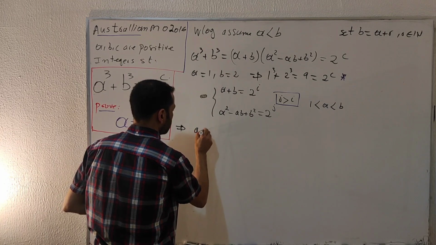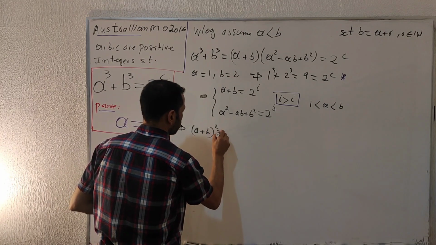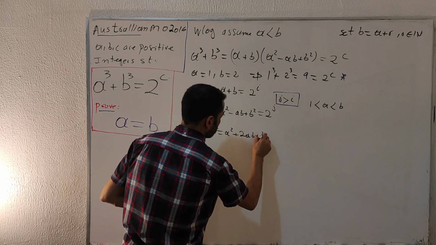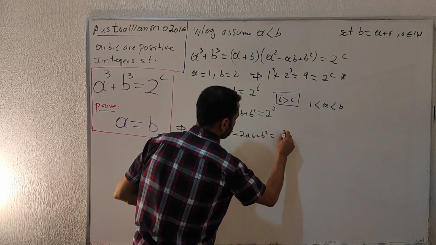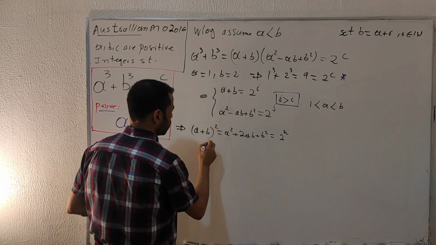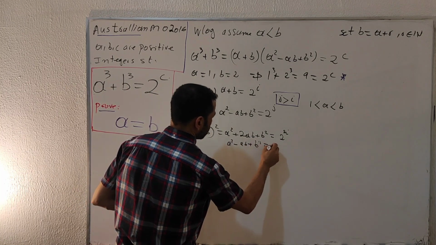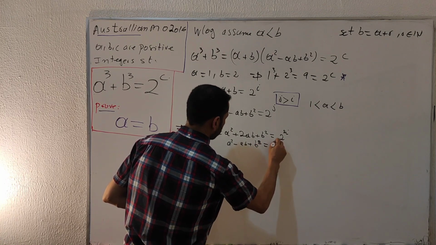I get A plus B all squared, which is A squared plus 2AB plus B squared, equals 2 to the 2I. Second equation: A squared minus AB plus B squared equals 2 to the J.